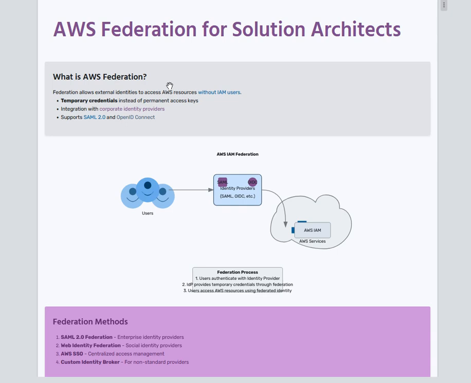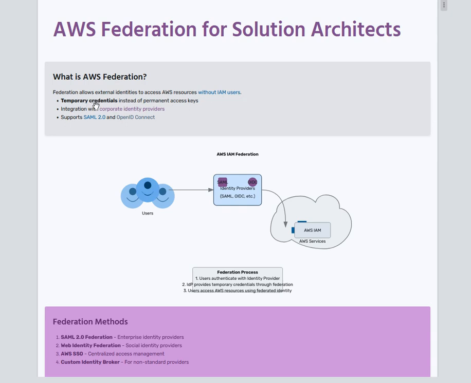Federation allows external identities to access AWS resources without an IAM user. So again, you don't need to be an IAM user to use resources. You can use an external identity.